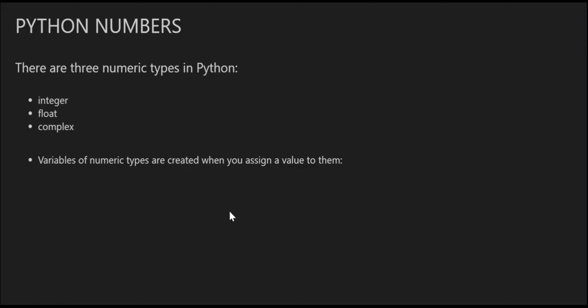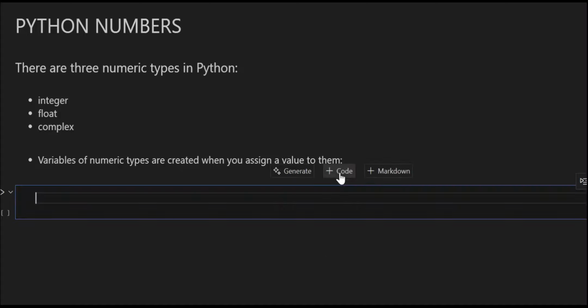When you assign a numeric value to a variable, Python will automatically detect and assign the appropriate numeric type. For example, if you give an int value, it automatically gives the int type, or float or complex to the variable. Okay, now I will give example code of this.